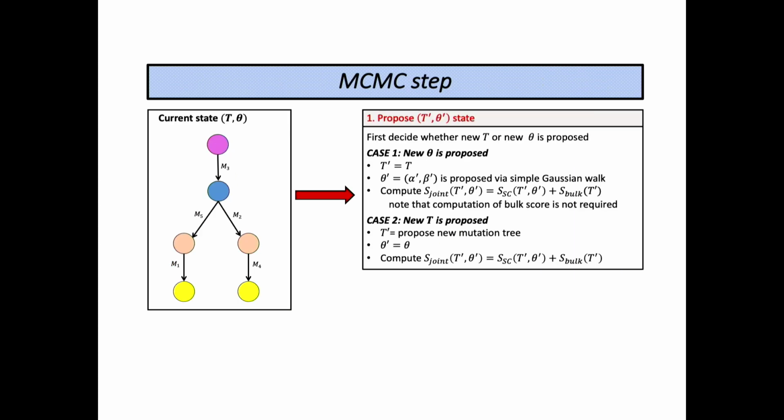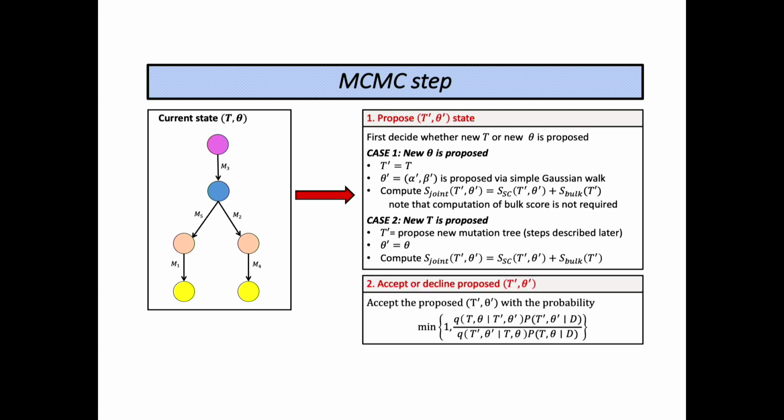I'm not going to get into many details. You can find these details in the paper. But the end result accepts the proposed topology and the parameters with a certain probability and continues with the search.